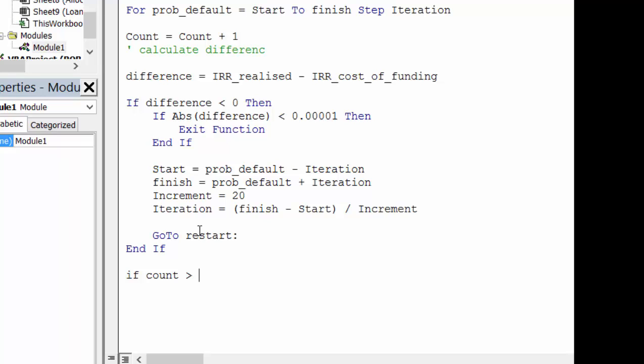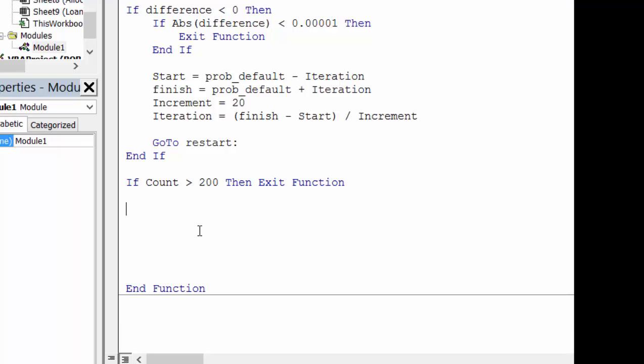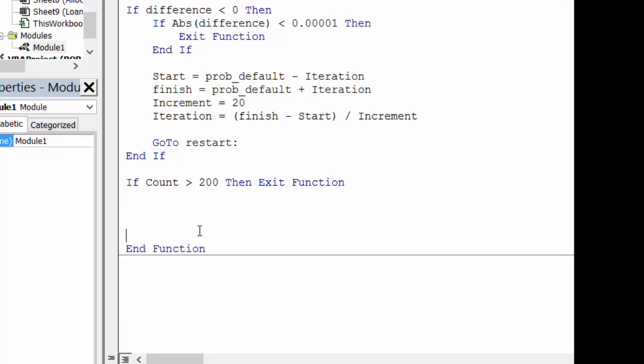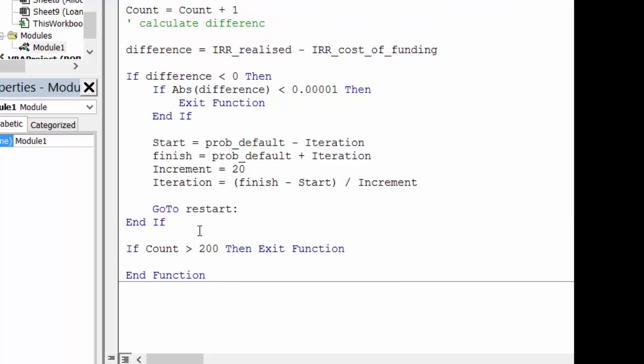I have just done it so much. So if count is greater than 200, then we'll just exit the sub, exit the function. Okay, and now all we have to do is go back and recompute the difference here.